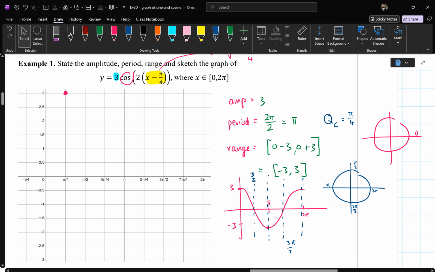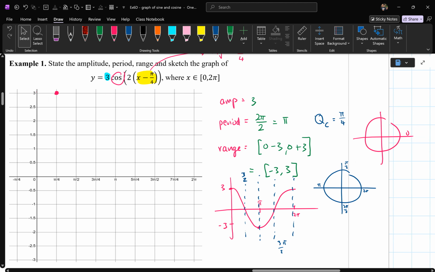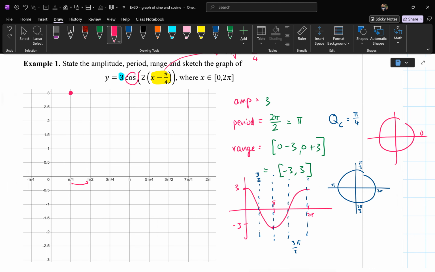To get to the next quarter cycle, I know that it moves an extra pi on 4. So think about it. If I move an extra pi on 4, it goes from maximum to the midline. Next quarter cycle brings you to the minimum. Next quarter cycle brings you to midline, and then next quarter cycle brings you to maximum.